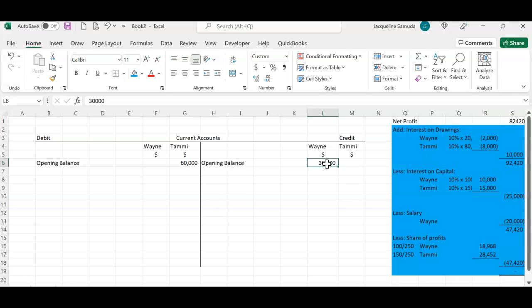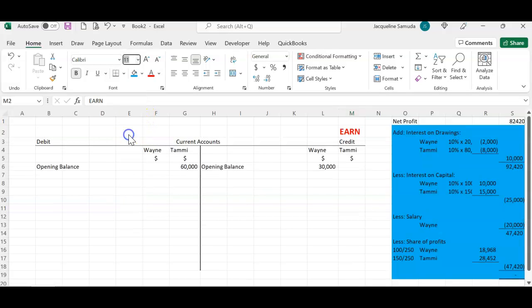Now let's put in the information that we have. Now, anything that people earn goes on the credit side. That's a big thing I need you to recognize. Anything that the people earn goes on the credit side. And anything else goes on the debit side.